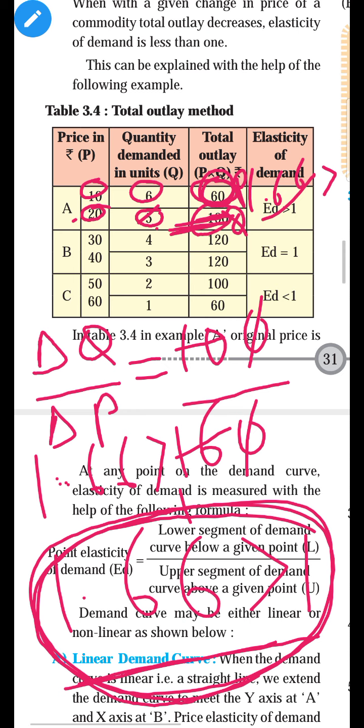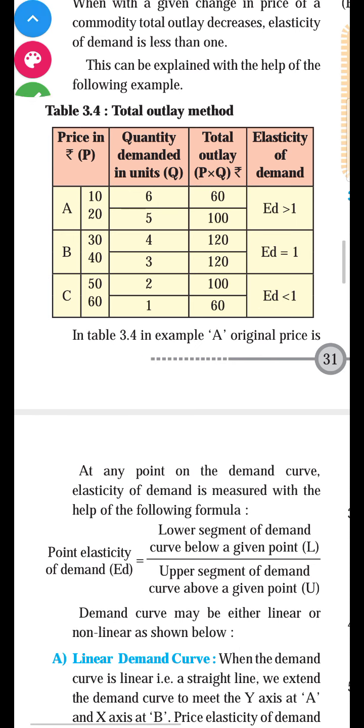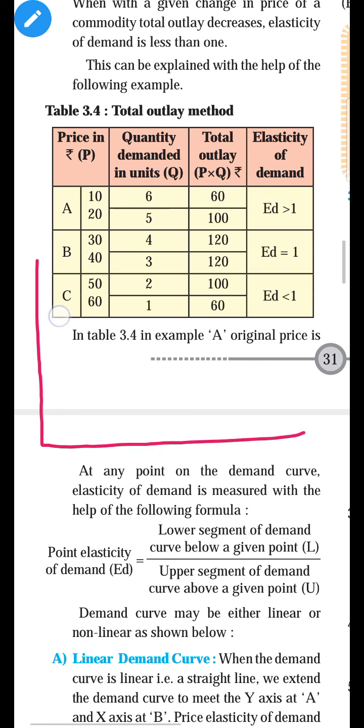So in the first example A, price changes in a small percentage and demand changes in a large percentage. And what about the slope of demand in this case? In the first example, the slope of demand is flatter, because the answer is more than 1.